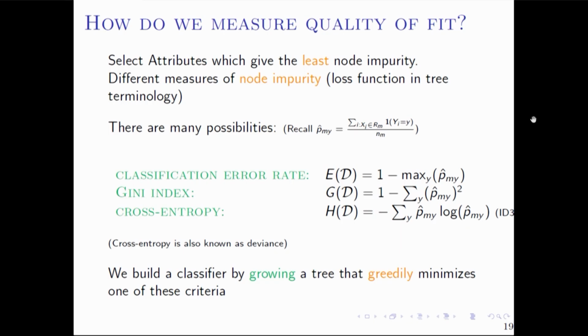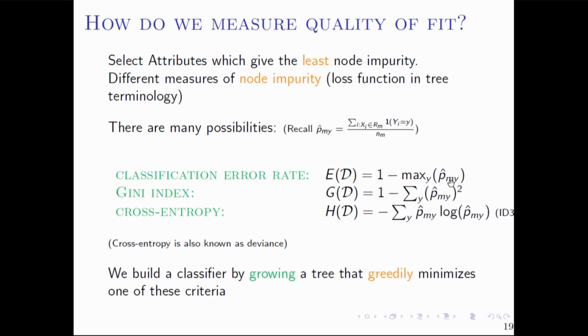Got it? So how do you calculate this impurity? One is the classification error rate. What you said, that one side has only one class and the other side has the other class and they are not mixed, is one criterion we can use. Do you remember what this is?